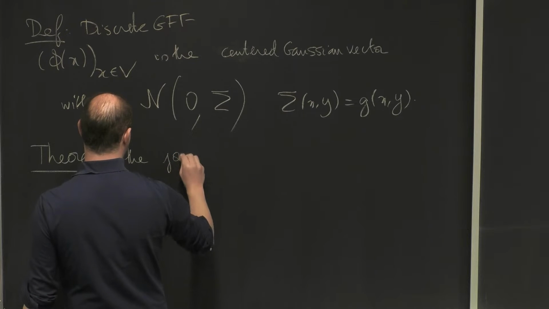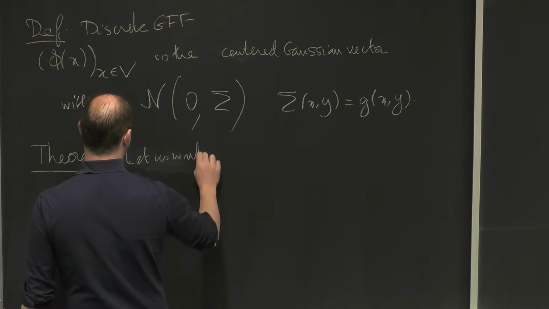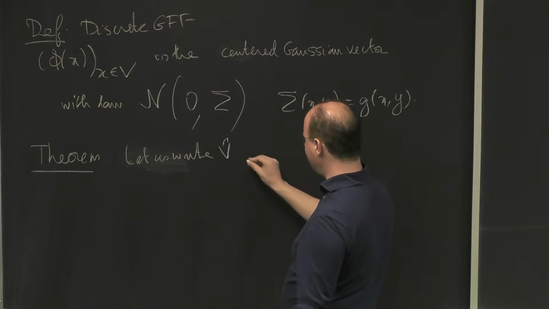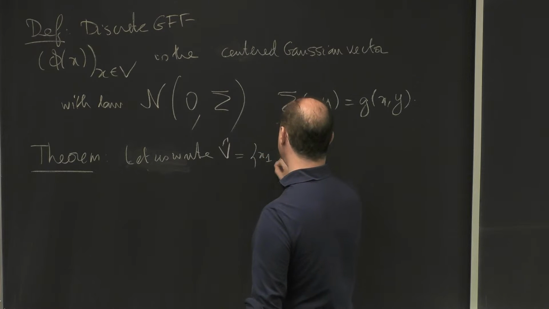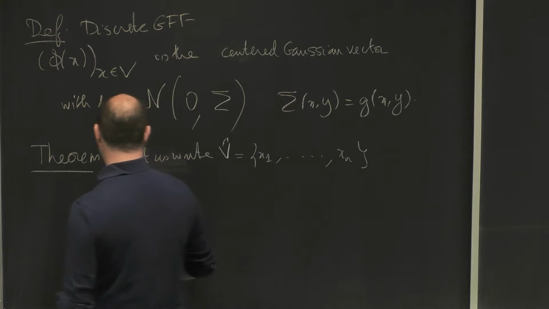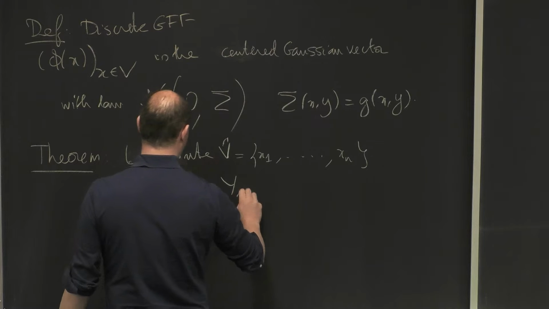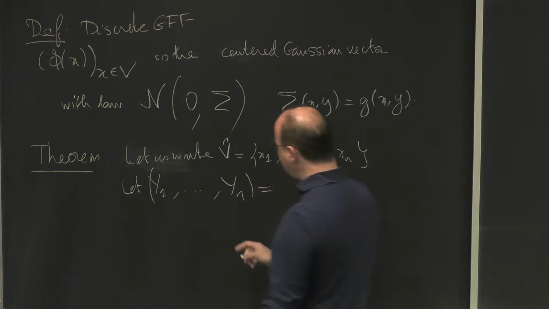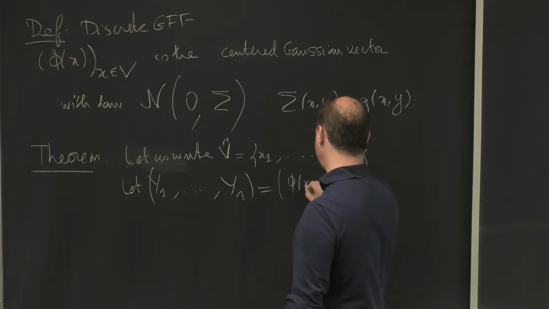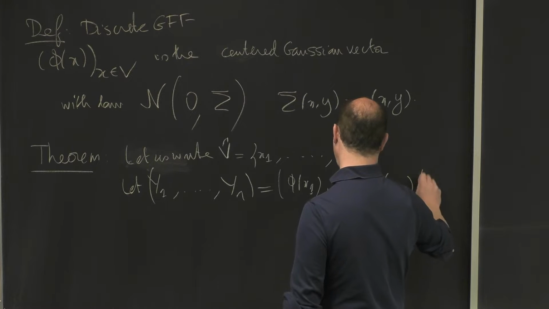So the joint law. Let us enumerate all the true vertices of the graph V hat as x1 through xn. Let me call these random variables y1 through yn, the values of the field at these vertices x1 through xn.